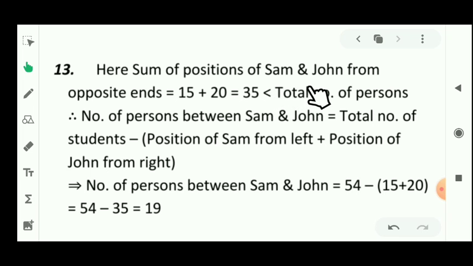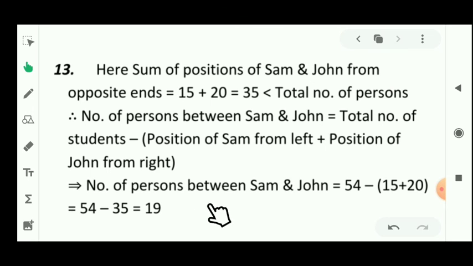The sum of positions of Sam and John from the opposite ends will be 15 plus 20, that is 35, and 35 is less than the total number of persons. So when we find the number of persons between Sam and John, it will be total number of students minus the position of Sam from left plus the position of John from right.